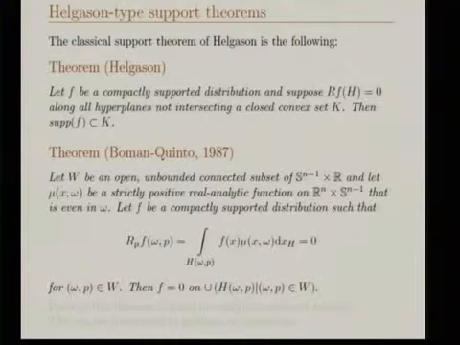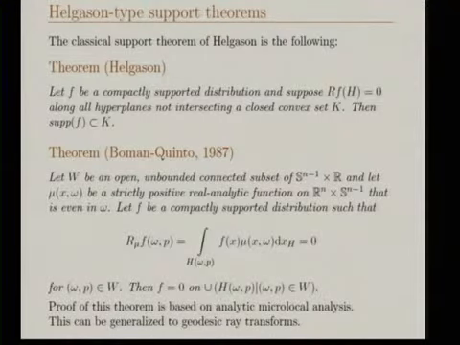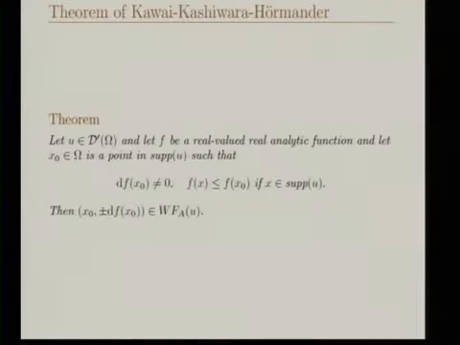I stated this in terms of the Helgason support theorem. But one of the crucial theorems that is used here, and which was mentioned by Professor Jan Boman, is what is known as the theorem of Kawai, Kashiwara, and Hörmander. And the proof uses analytic microlocal analysis.